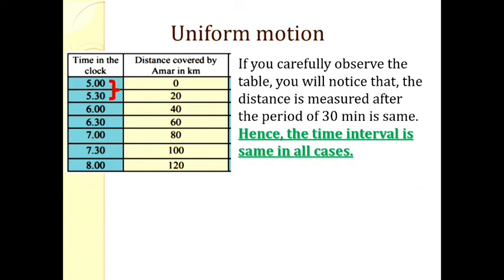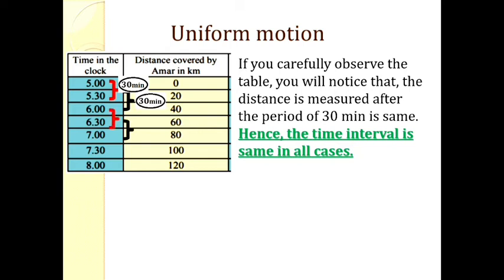First, we will focus on the time intervals. See, in the column of time, the first time interval is 5 o'clock to 5:30. The time interval shows a gap of 30 minutes. The next time interval, 5:30 to 6, also shows a gap of 30 minutes.